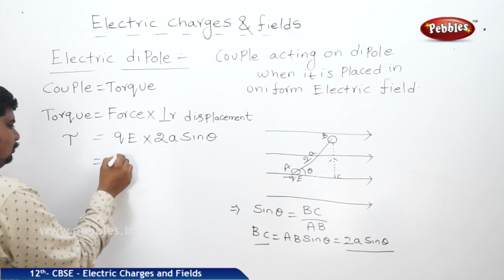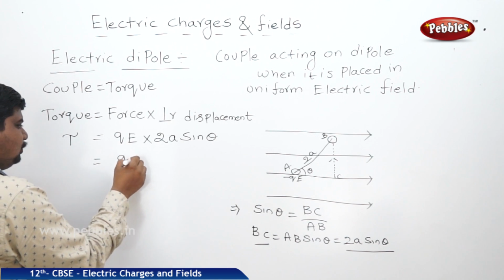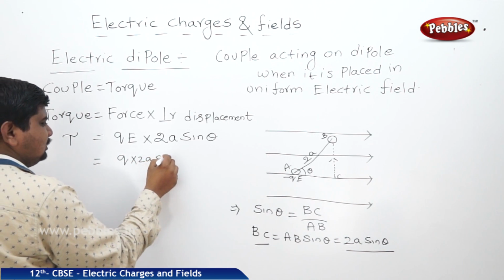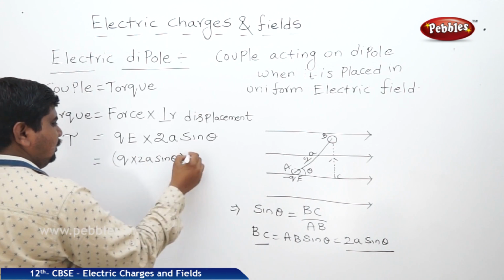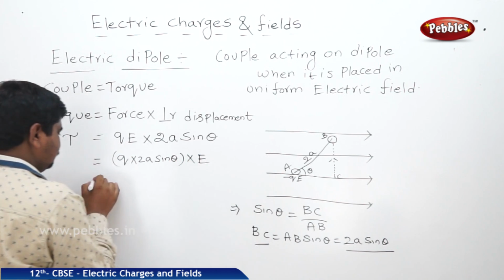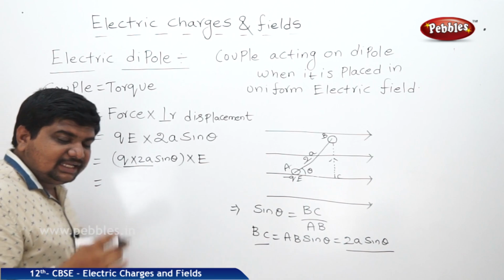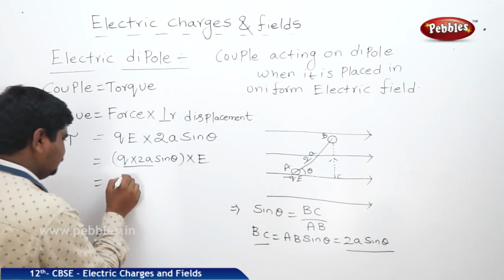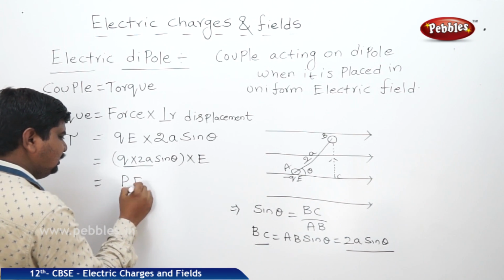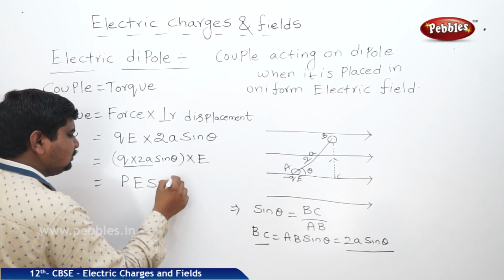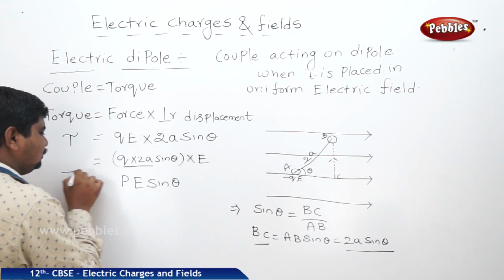Now, I can write like this, Q into 2a sine theta into E. See, this Q into 2a is nothing but the dipole moment. PE sine theta is equal to tau.